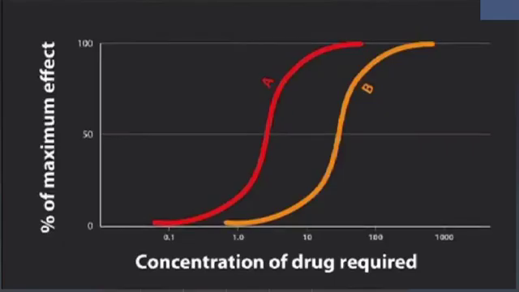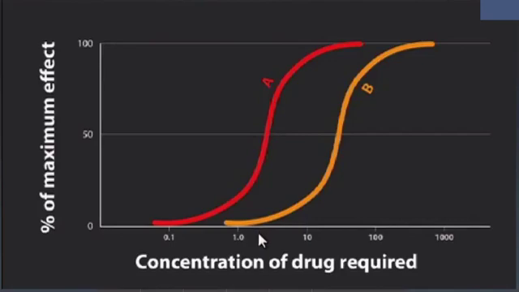They have different potencies. So look at the graph. We arbitrarily mark 50% of the maximum effect, and we follow that horizontally out to where it intersects the curve. And the value of the x-axis at that point where it intersects the curve is the EC50.